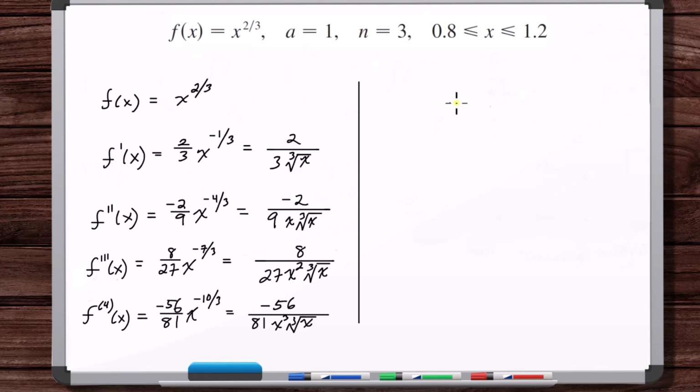So now we want to come to the right hand column and plug in the center point, 1.